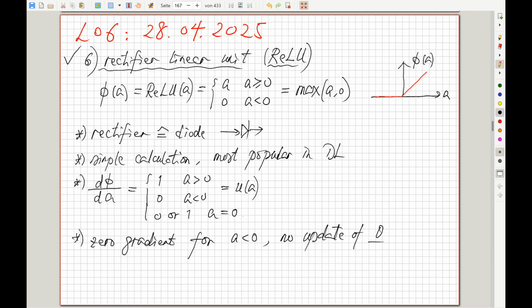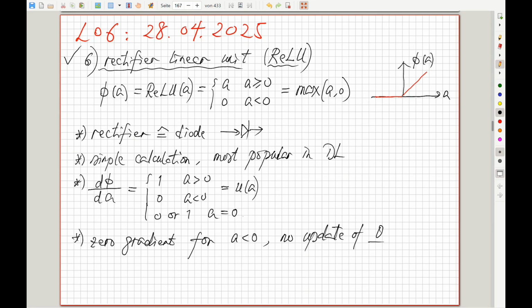If the derivative is equal to 0, there's no update for the model parameter, and this is of course bad. There's no change in progress, right? We are going to have some feedback, and the feedback is determined by the derivative, and if the derivative is equal to 0, then there's no change for the current value of the model parameters.